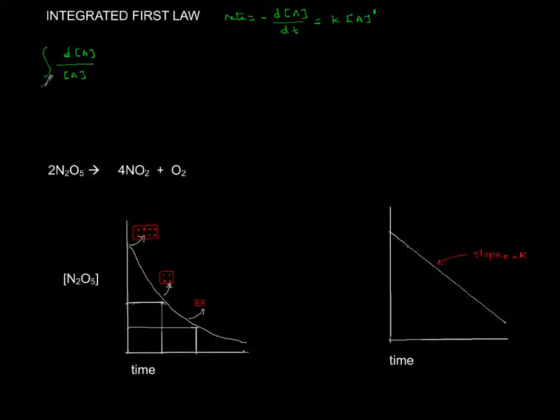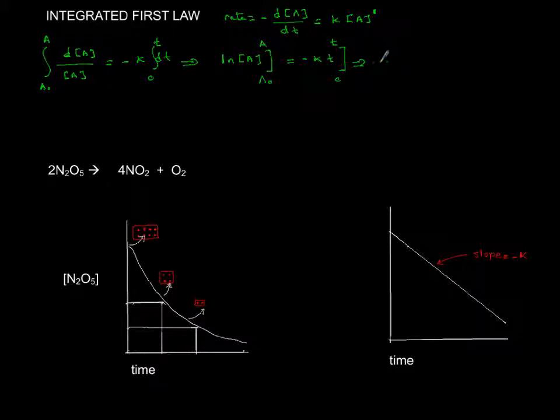I take this integral from A0 to A. On the other side, I have minus k dt, going from 0 to time t. The integral of 1 over x dx is the natural log of x, so the natural log of A from A0 to A is equal to minus kt from time 0 to time t.